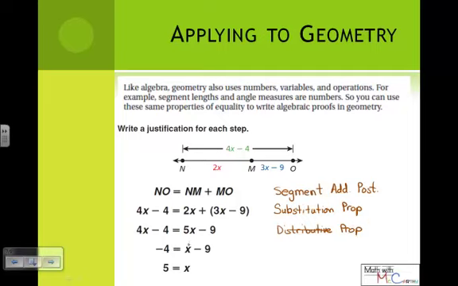And then it looks like there was a 4x subtracted from each side to get negative 4 equals x minus 9. So that is the subtraction property. And then lastly, 9 was added to both sides to get x equals 5, which would be the addition property. So we have proven that the value of x is 5 in this scenario.